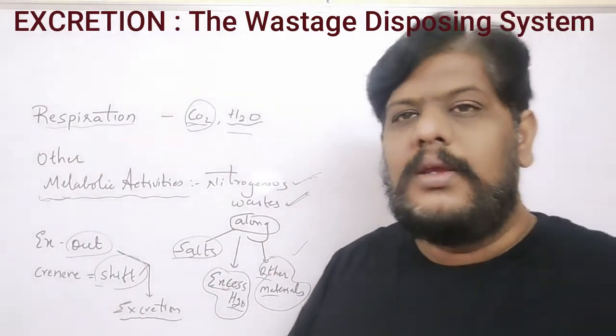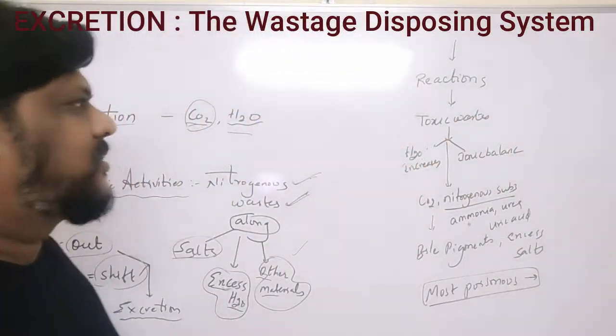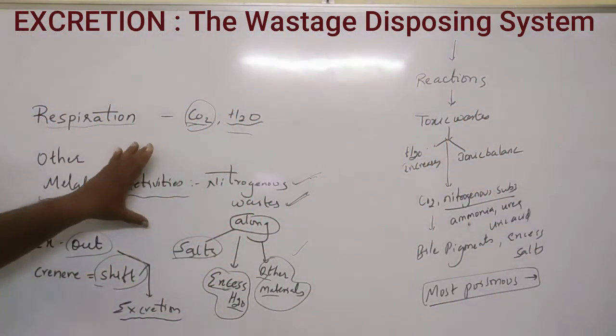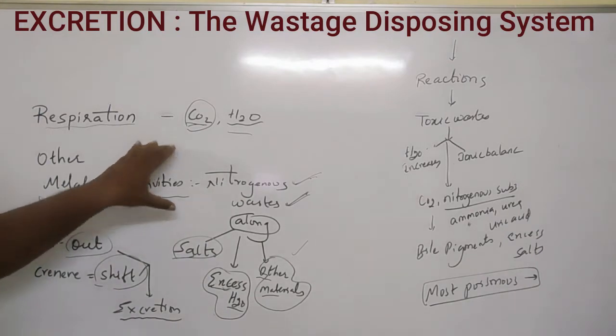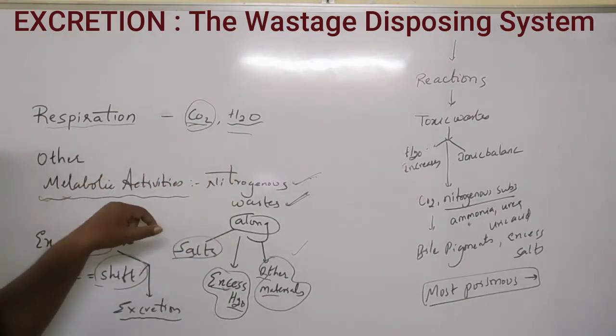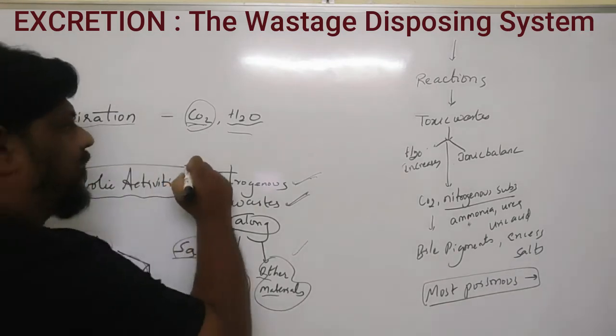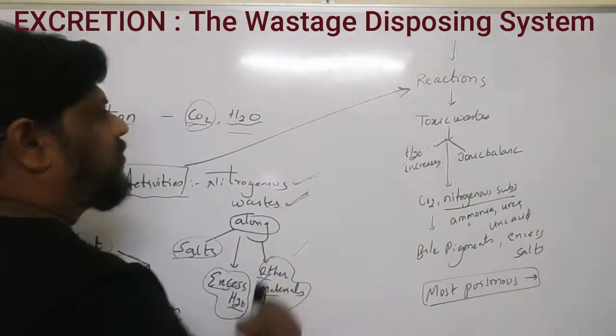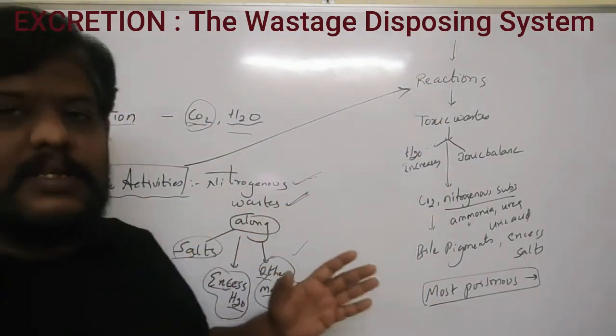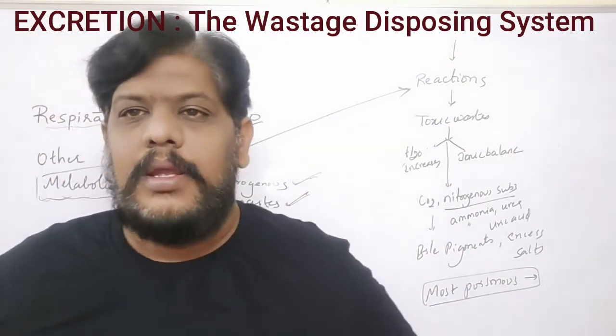Now we will come to the very important part of the lesson, according to this particular topic. Coming to the metabolic activities, we talked about the metabolic activities. If these metabolic activities have to happen, a lot of reactions have to take place in our body. We have already seen that respiration is not a very simple process, isn't it?